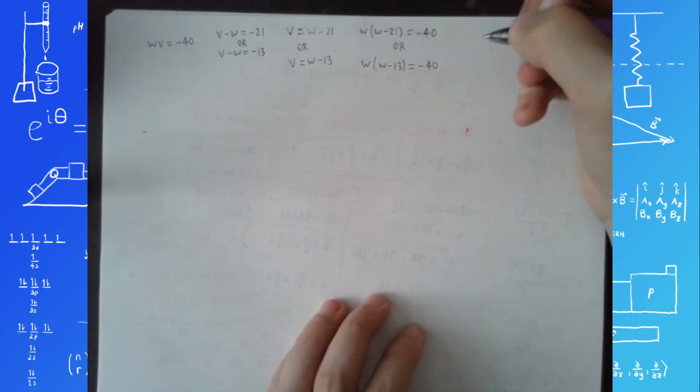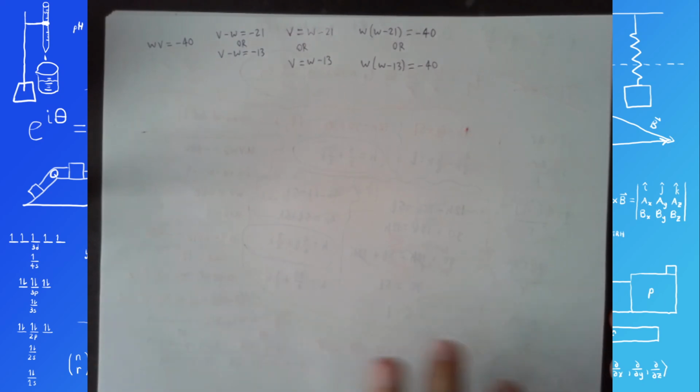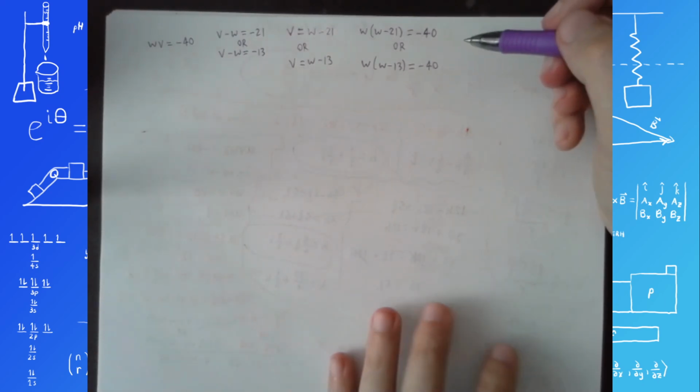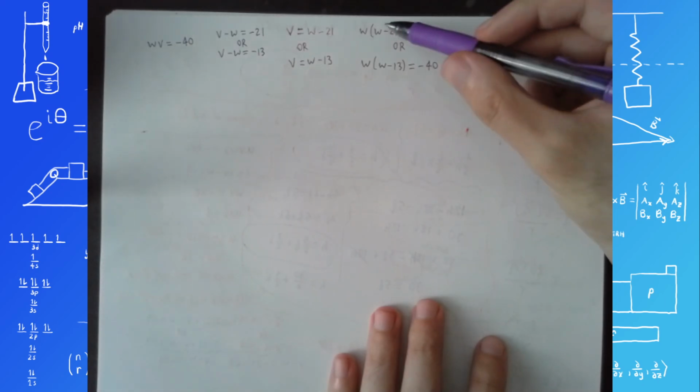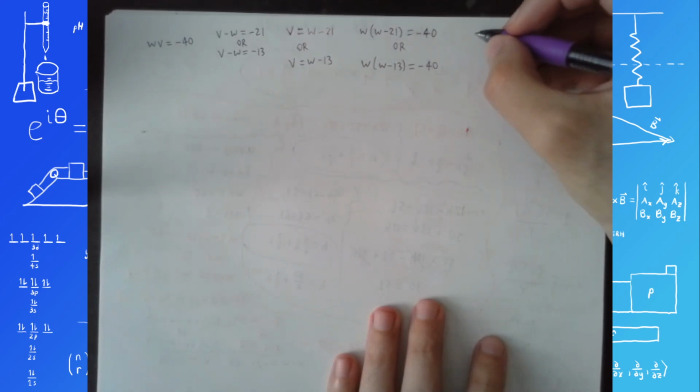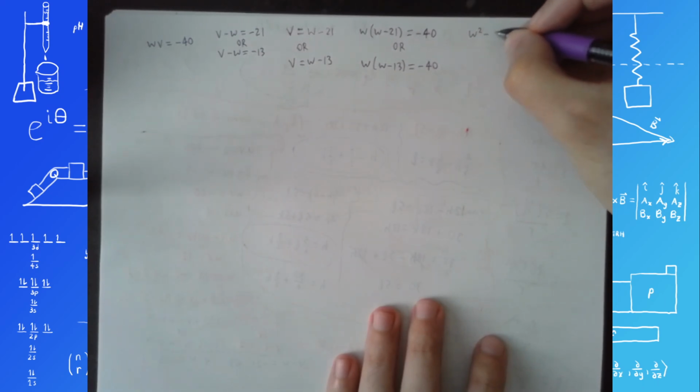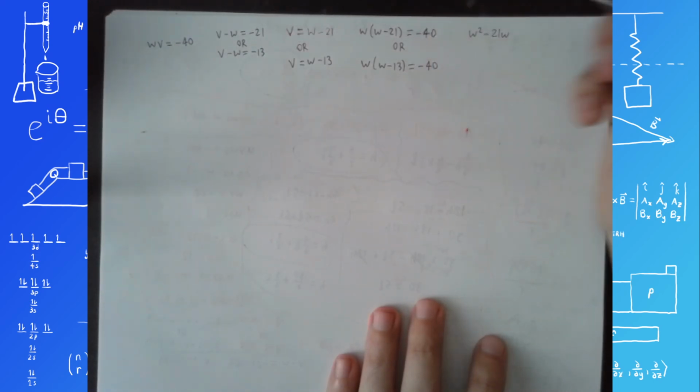And I'm pretty sure one of these is going to be an ugly mess. So if I distribute the w, I get w squared minus 21w, and I'm going to go ahead and add the 40, plus 40 equals 0.